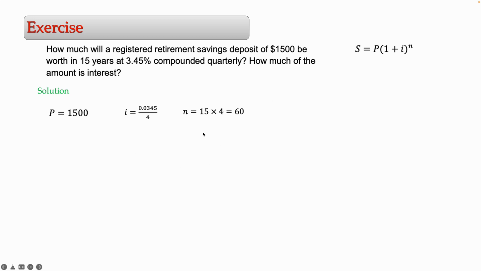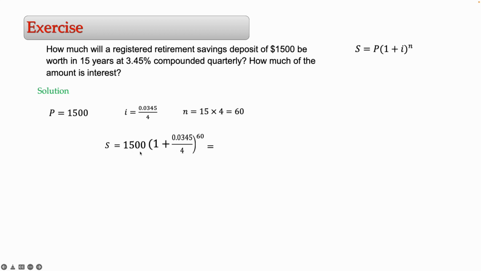So we have that S will be equal to P, 1,500, times, open bracket, 1 plus i, so 1 plus 0.0345 divided by 4, and raise it to the power n, to the power 60.